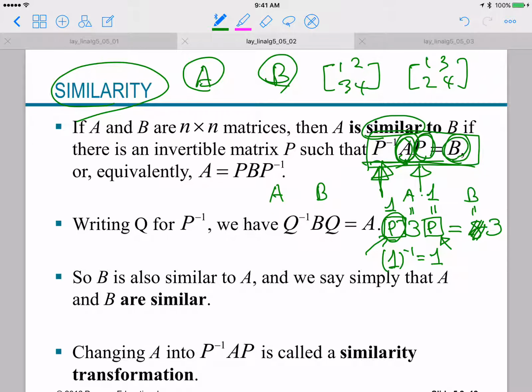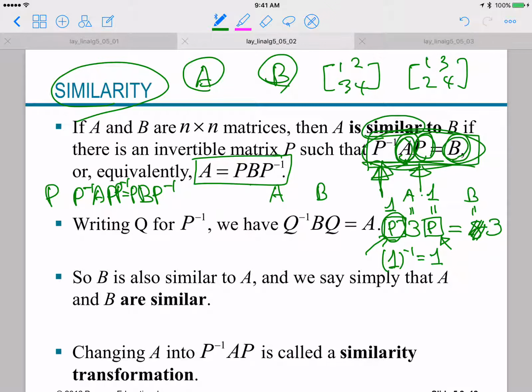And this can be written as multiplying P and P inverse on the left and the right, in this manner.